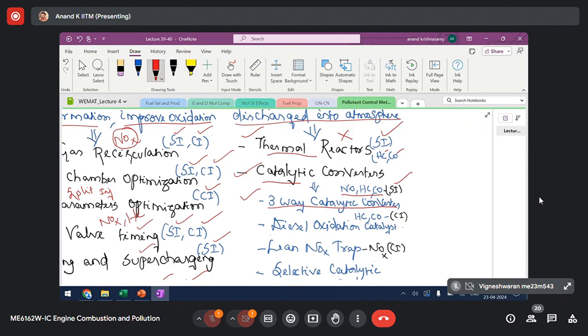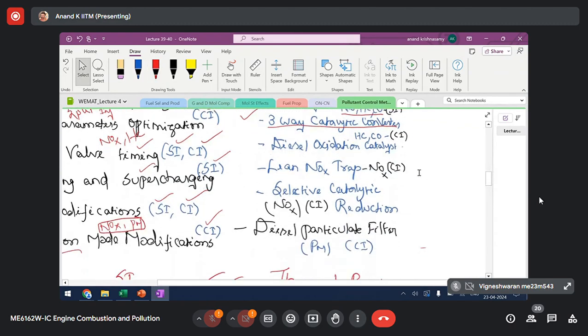This one device can reduce all the three primary pollutants. It is one of the most effective catalytic converters that we have for spark ignited engine. Whereas for diesel engine, you need to use different devices. Unlike SI engine, diesel oxidation catalyst is used to control HC and CO levels in a CI engine.